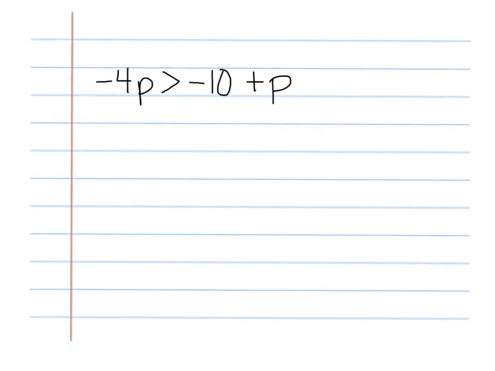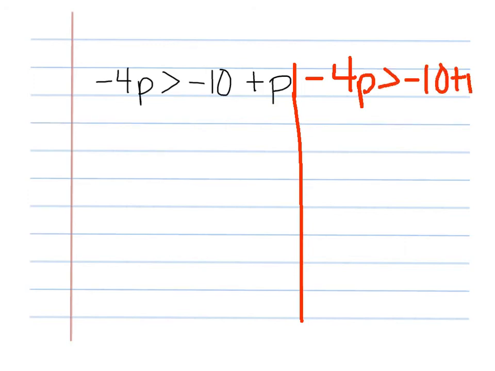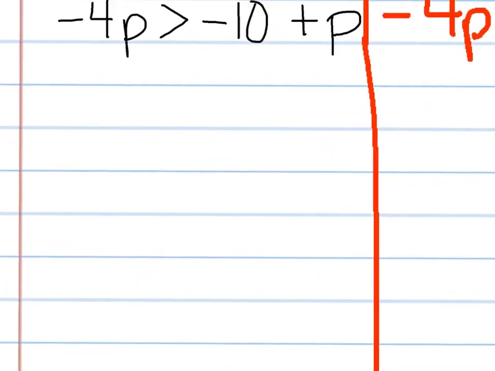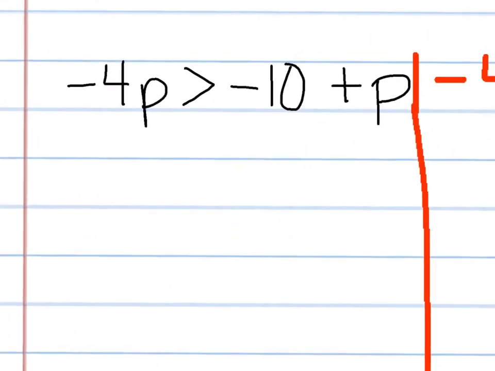Okay, solution for number 3. Now I told you, you can do this 2 different ways. So I'm just going to duplicate the problem on this side. Negative 4p greater than negative 10 plus p. Okay, on this side, if you moved this p, this is the easier way of doing it.